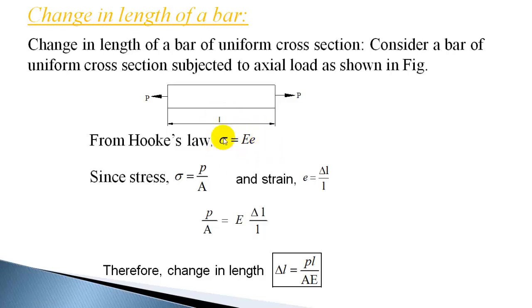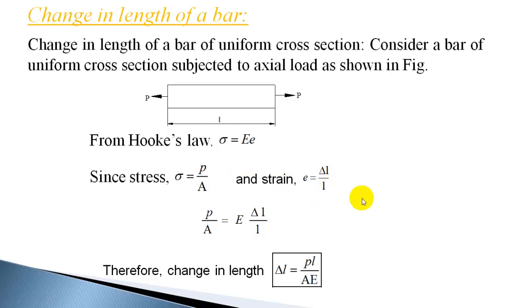Now you know stress, that is normal stress, is equal to load divided by cross sectional area or resisting area. So stress is P by A, and strain is the deformation produced in unit length, so you can write it as delta L by L.